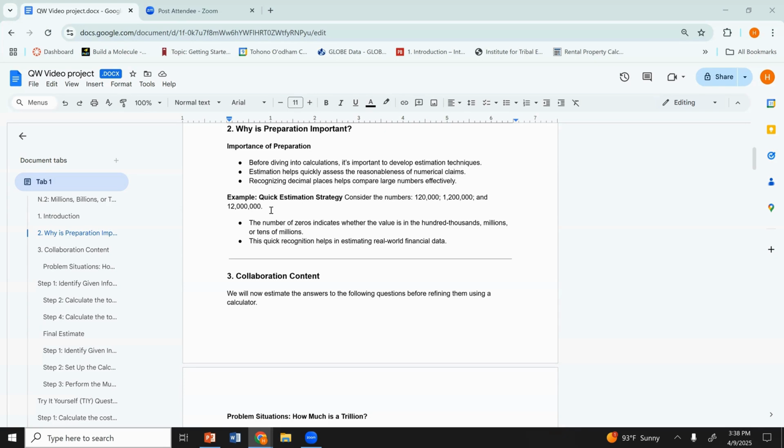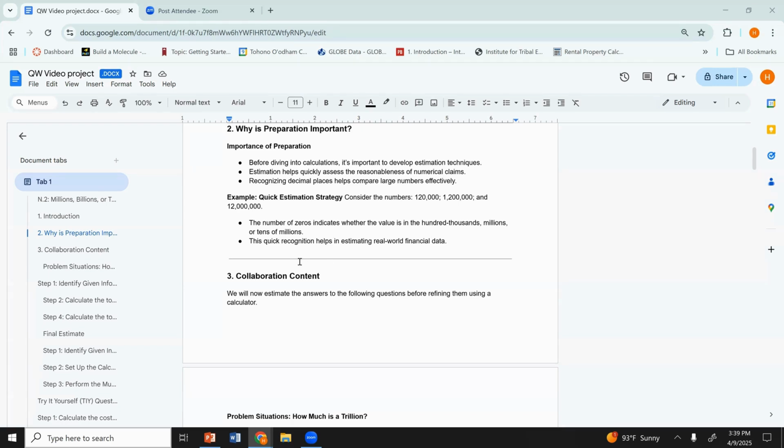So it's important for us to know place value. The reason why the numbers are different is just because of a factor of 10. So understanding place value will really help us to conceptualize big numbers. So the number of zeros indicates whether the value is in the 100,000s, millions, or tens of millions.